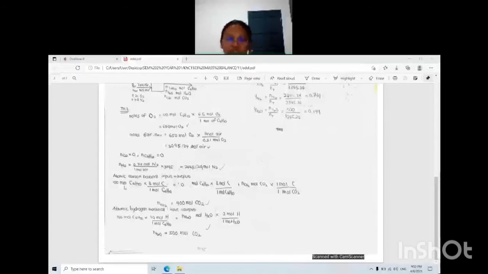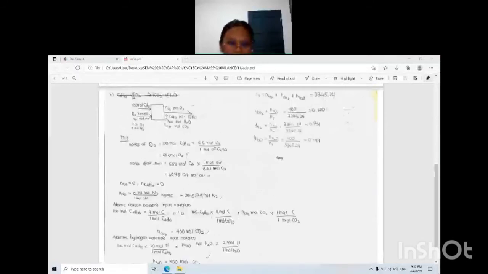We make the atomic carbon balance, input equal to output. So the left side is for input and the right side is for output. We make this based on the flowchart that we made at the beginning of the solution.